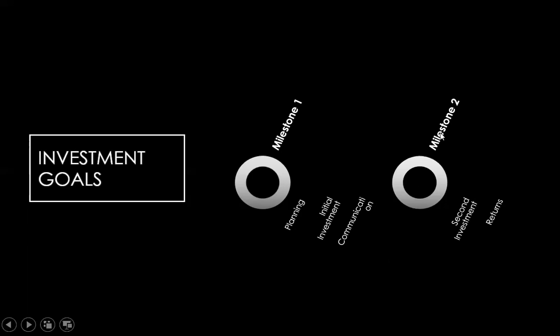Secondly, we want to continue and reach goals or milestones. So after we get this process going and we get a layout for our trading journey or our trading goals, then we want to go into our second milestone. For me, that'll be a second investment. So you want to have multiple accounts.